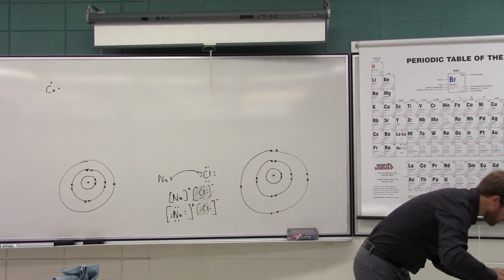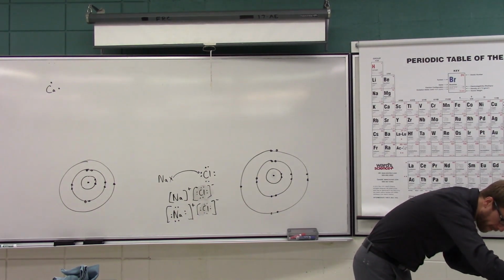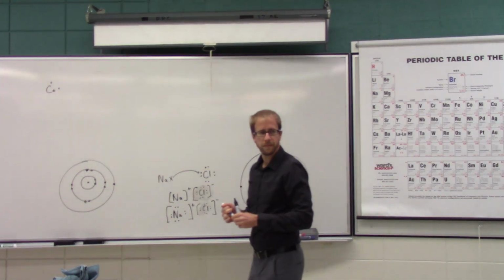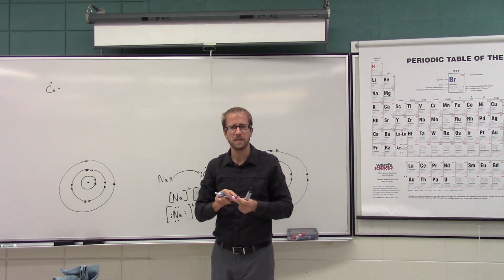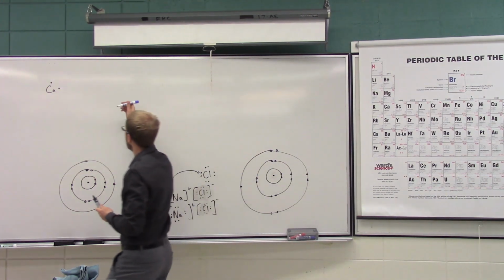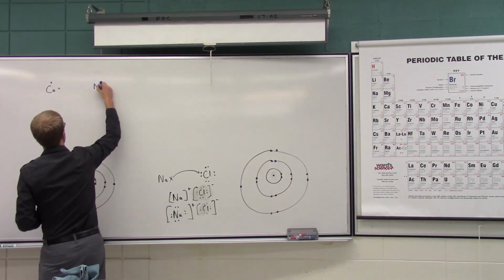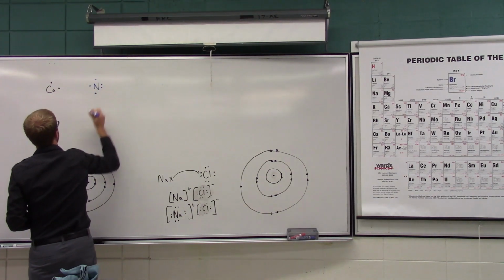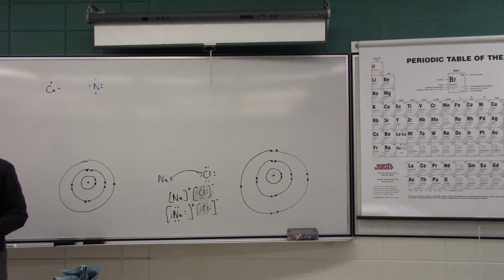Now what about our nitrogen atom? How many valence electrons does nitrogen have? 5. Yeah, it has 5. So our nitrogen atom is going to look like this. So what does our calcium want to do?